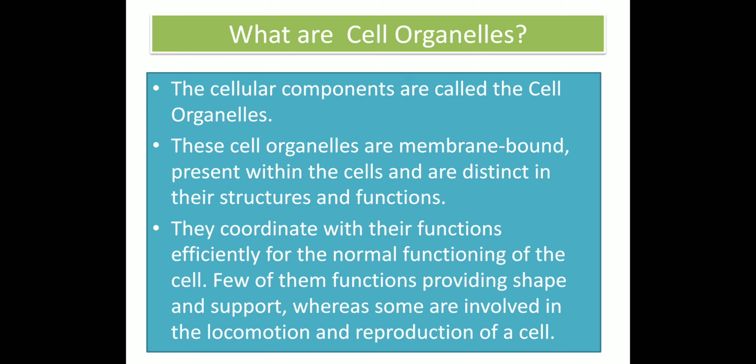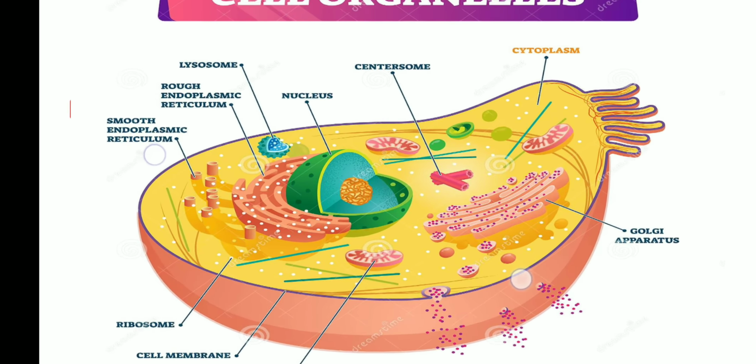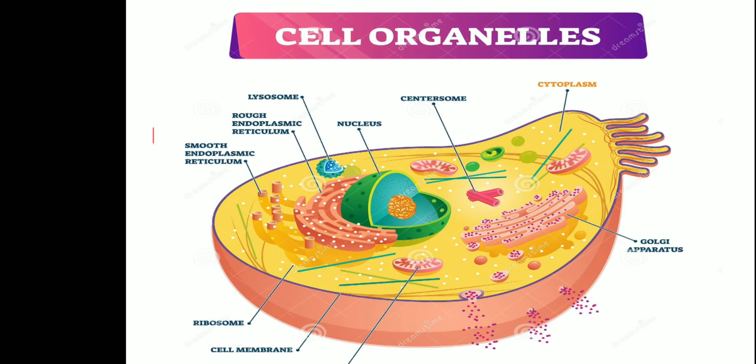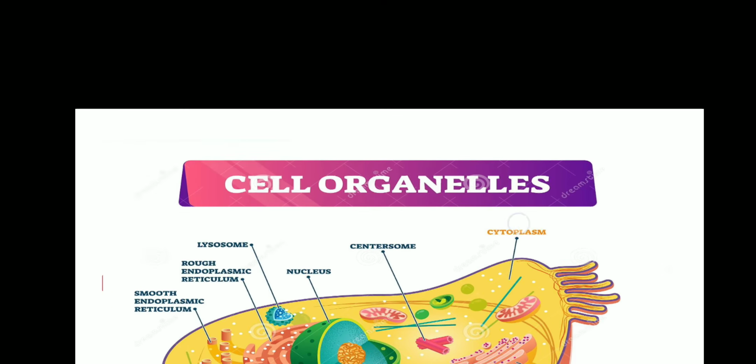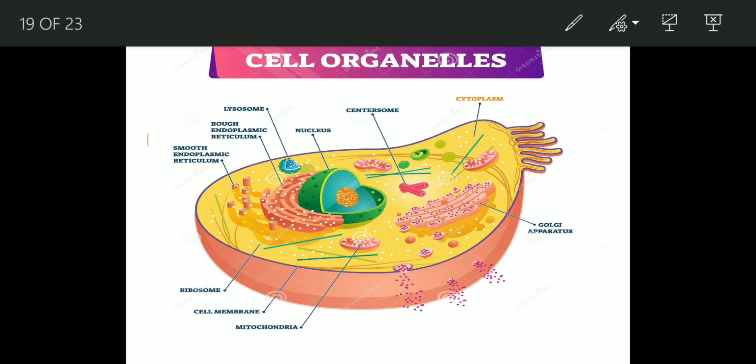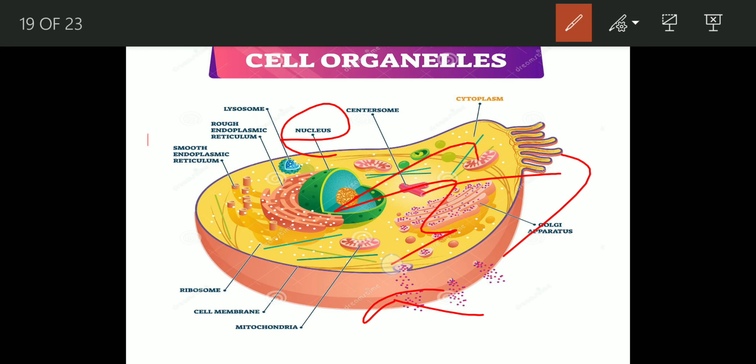As you can see here, this is the 3D structure of the cell. This is the cell membrane. This is the nucleus. Then this is the cytoplasm, a gel-like substance, and it contains different organelles. These refer to the cell organelles.